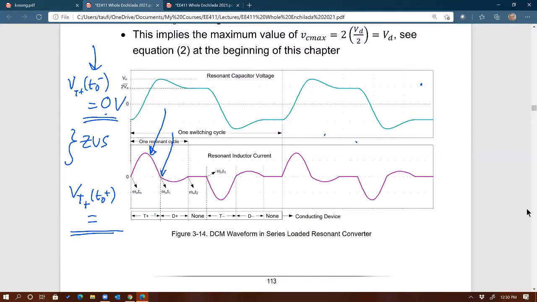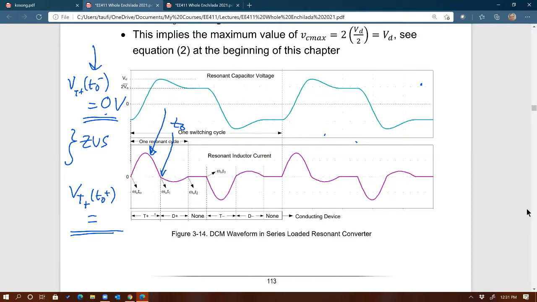Okay, the tricky part is what happens at T0 plus. What is T0 plus again? Well, T0 plus is the time immediately after we turn off the switch, right? Immediately after T0. Okay, how do we determine voltage across that switch then? Well, the way I'm explaining it is this.